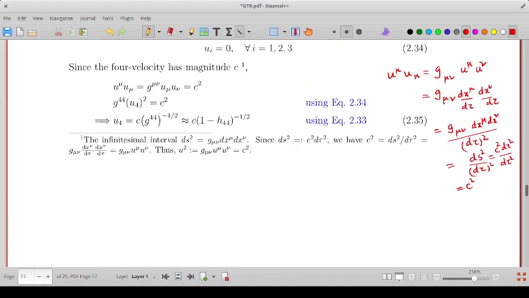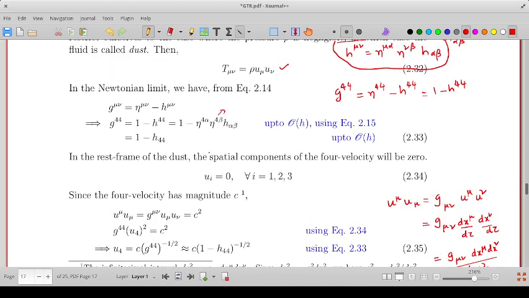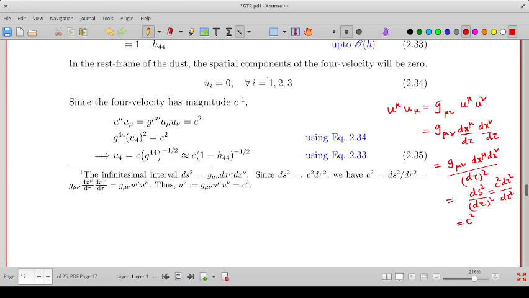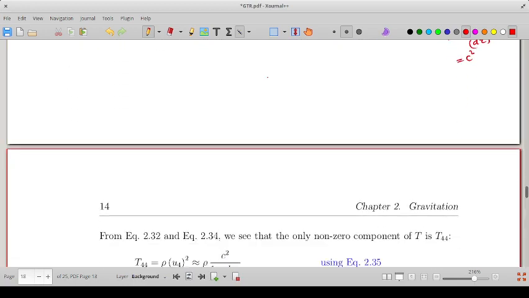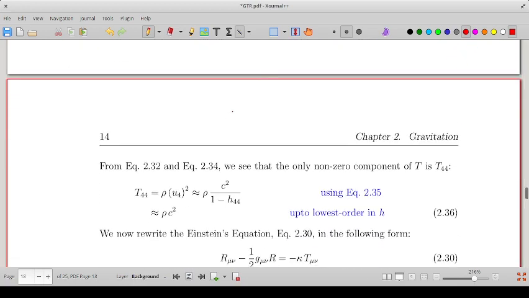Now we have seen over here that T^μν equals ρ u^μ u^ν.